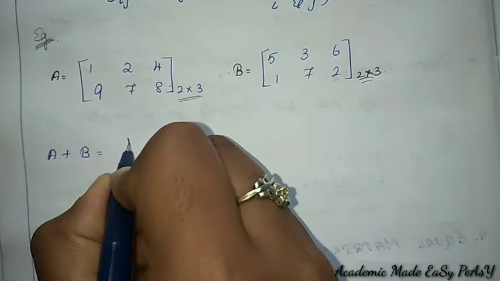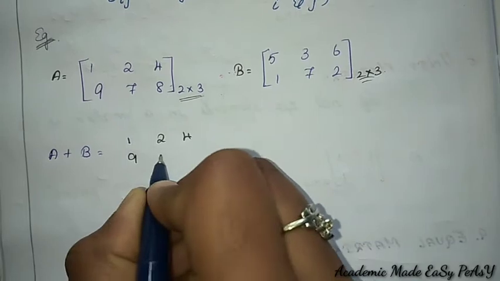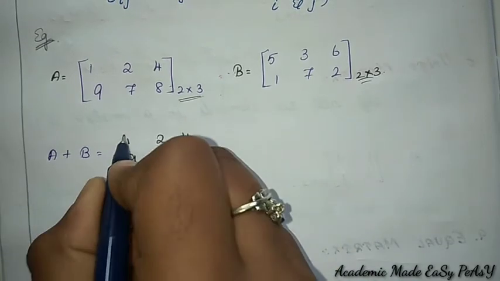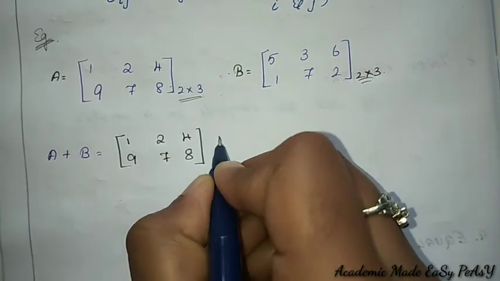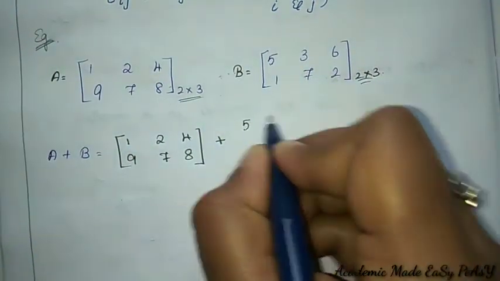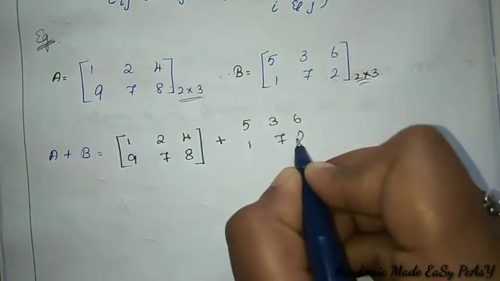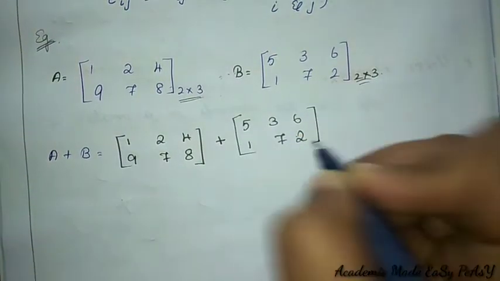So my A is 1, 2, 4, 9, 7, 8. This is my matrix A, plus, what is matrix B? 5, 3, 6, 1, 7, 2. This is my matrix B.